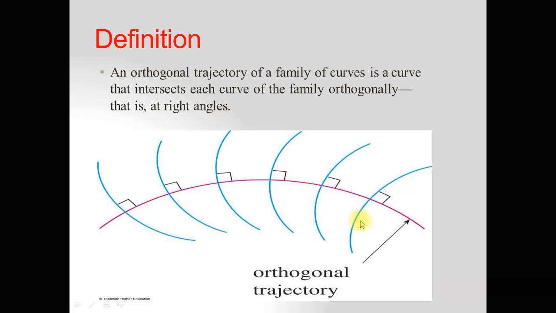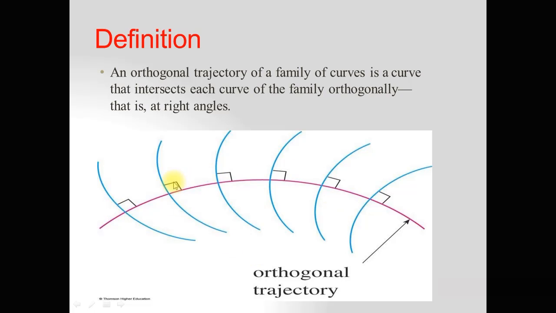Suppose you see here, this is one curve and these are the other curves. So this is one family of curves and this is another family of curves. So this curve intersects these other curves at a 90-degree angle.